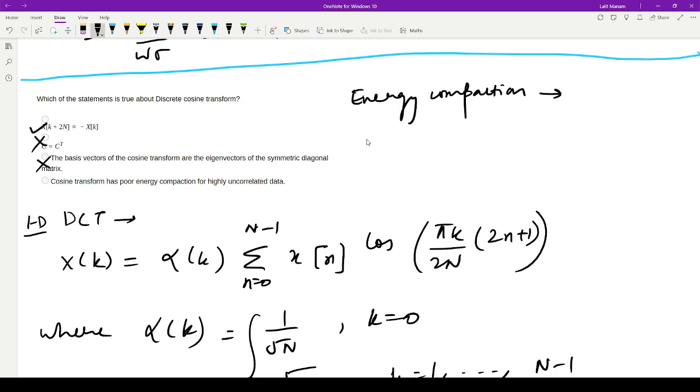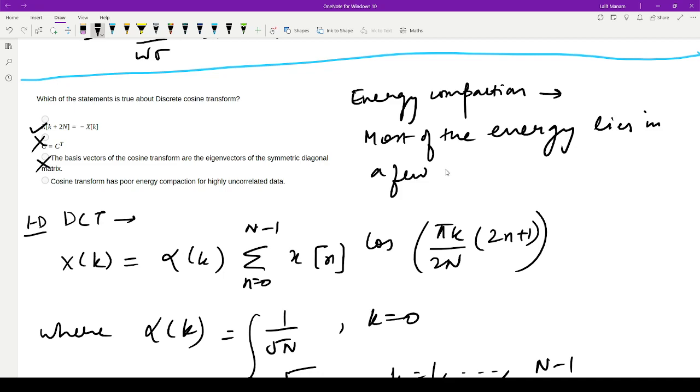It is not spread equally. So most of the energy lies in a very few transform coefficients. Well, here the transform is DCT. So DCT has this energy compaction property, so it cannot be poor. It is false.